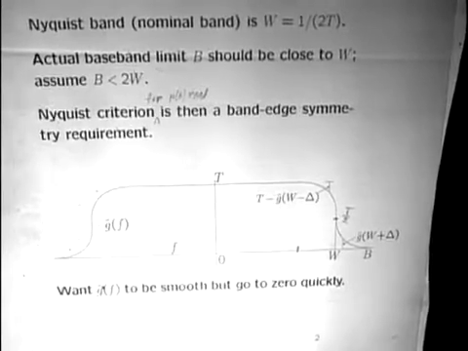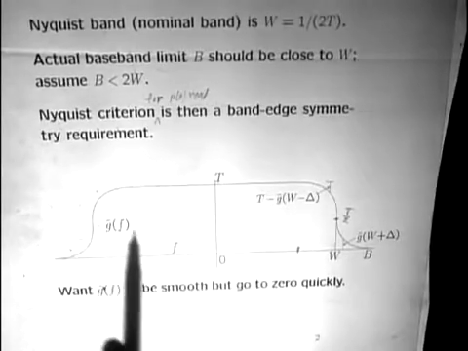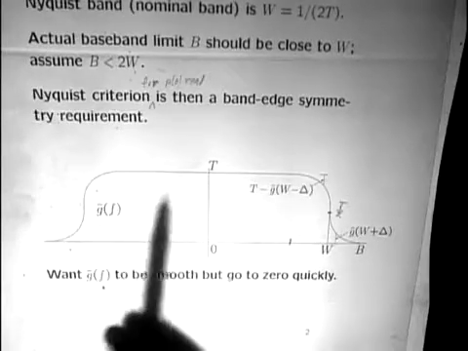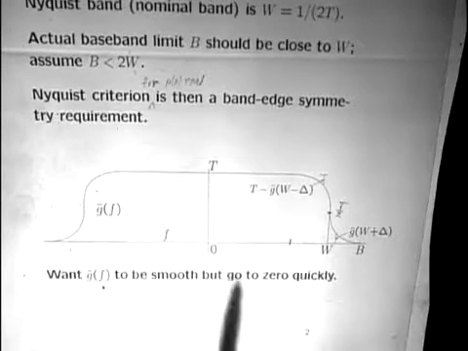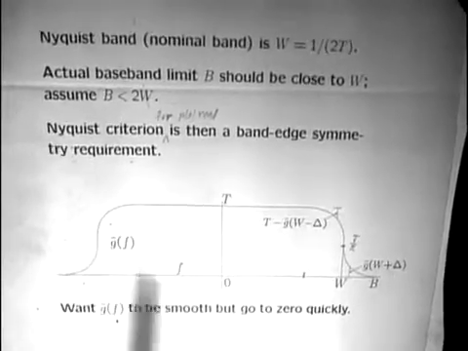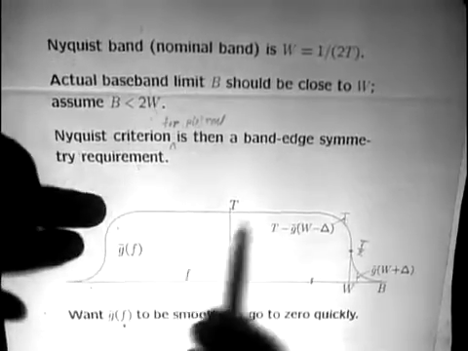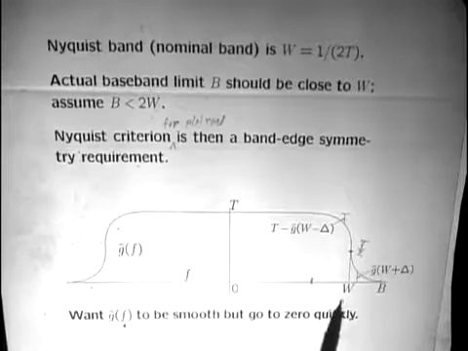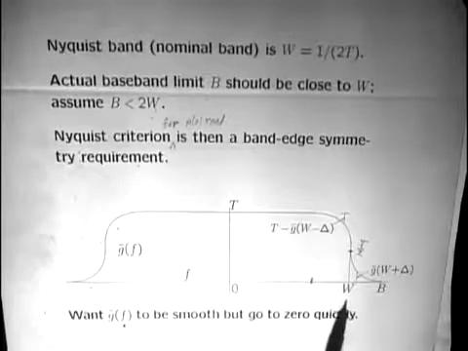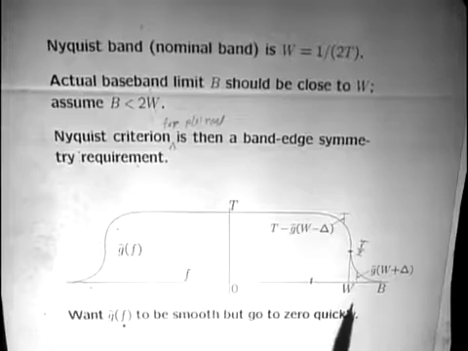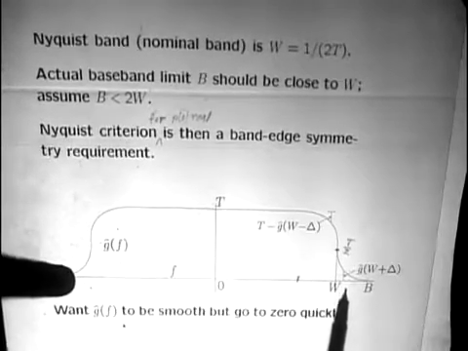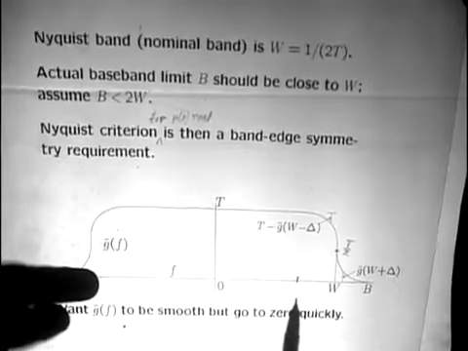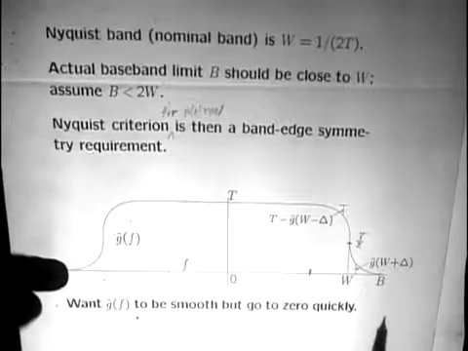Okay, well now the problem that a filter designer comes to when seeing this is to say, okay, how do I design a frequency response which has the property that it's going to go to 0 quickly beyond W, because the FCC, when we translate this up to passband, is going to tell us we can't have much energy outside of minus W to plus W. And if we can't design a good filter, it means we have to make W smaller so we can keep ourselves within this given bandwidth.